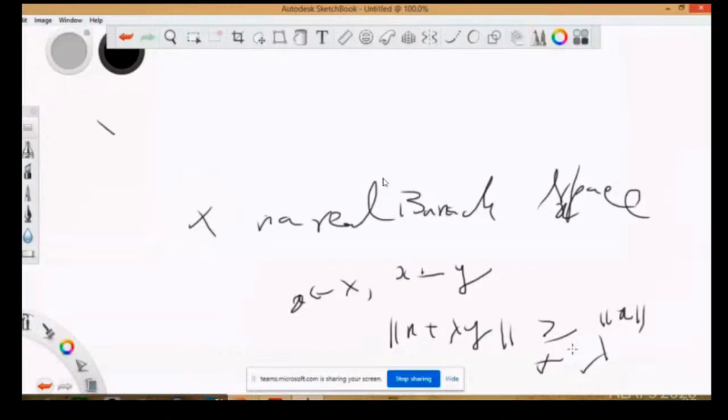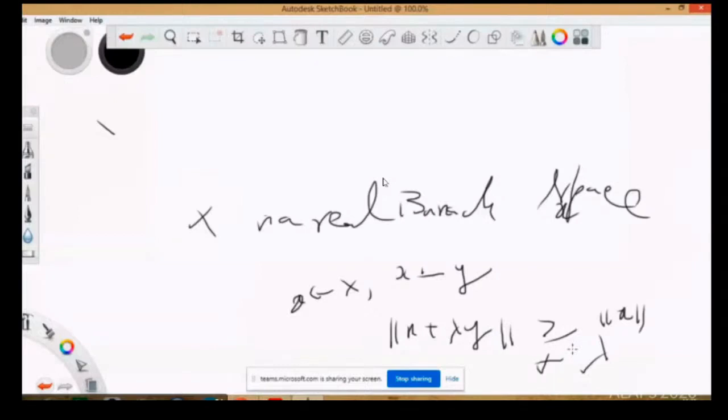Here, X is a Banach space, so there is a notion of a norm there. If you look at the norm of x plus lambda y, for all scalars lambda, if you know that the length of the vector, norm of x plus lambda y, is bigger than or equal to norm of x, then you would say that x is orthogonal to y.